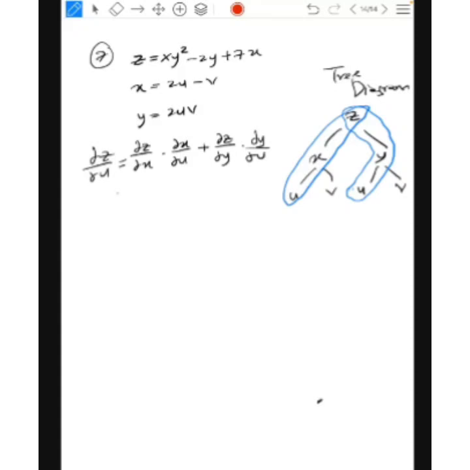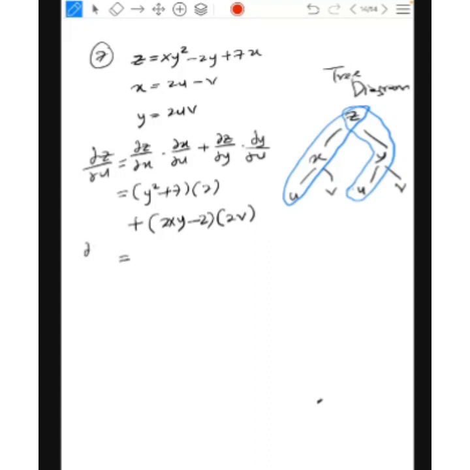So I differentiate with respect to x: y squared, y is constant, plus 7. Then x differentiated with respect to u, v is constant, so times 2. Then again z, now differentiated with respect to y, so I have 2xy, minus 2 plus 7, 7x is constant so 0. ∂y/∂u is v.